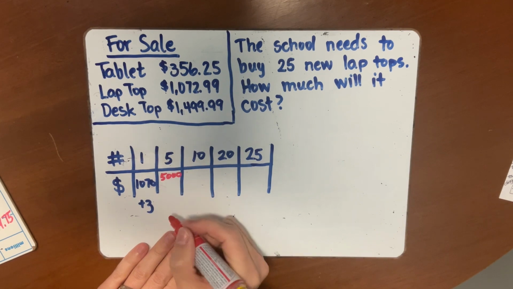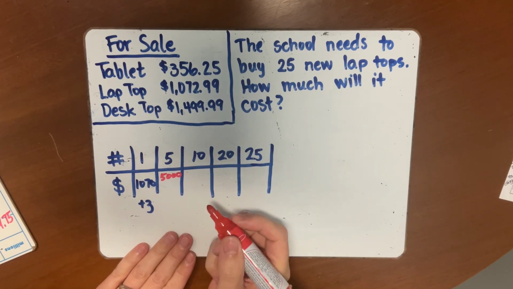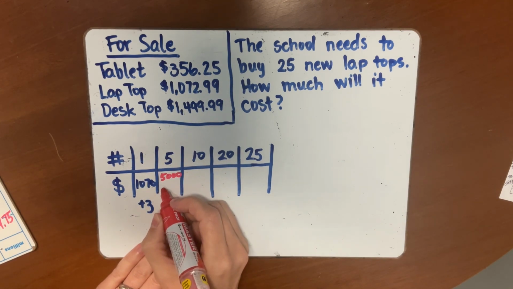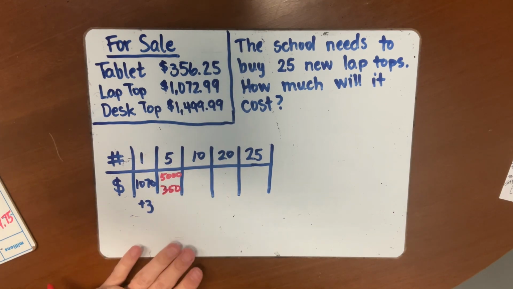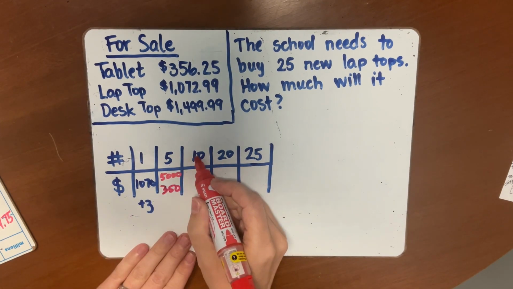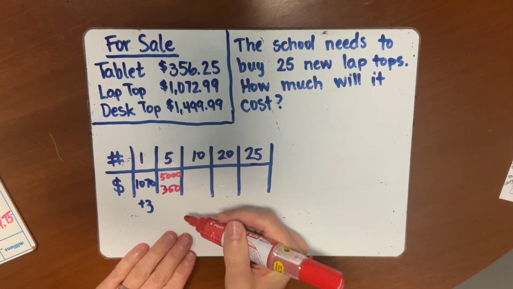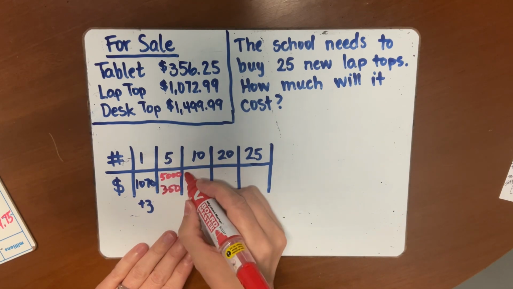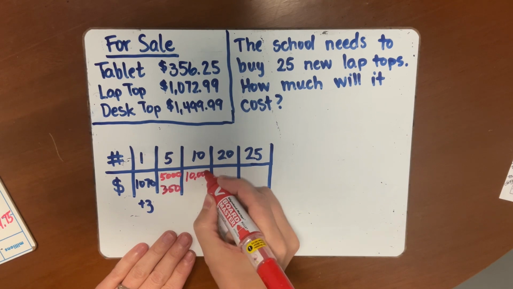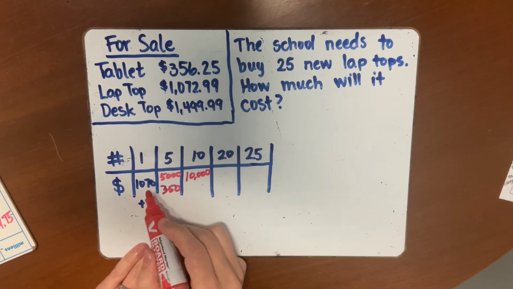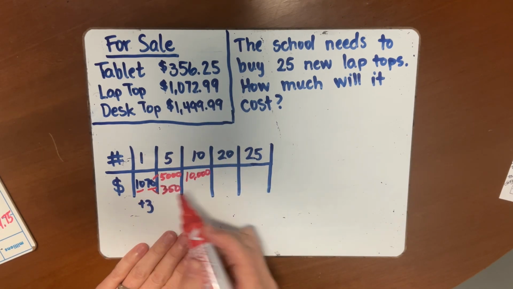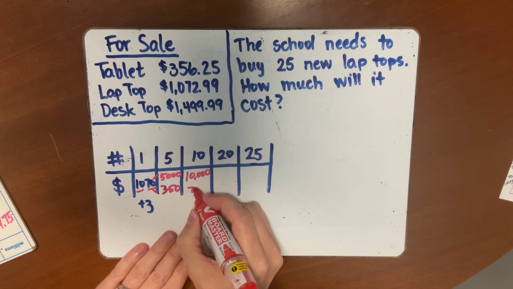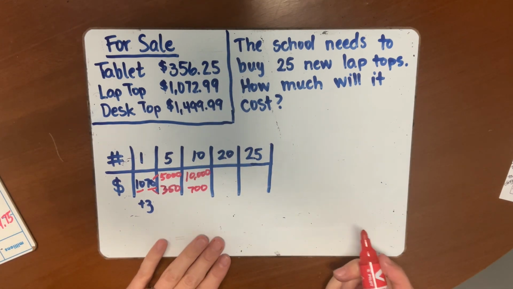And the 70 times 5, well, 7 times 5 is 35, so 350. 10 is double of 5, so double of 5,000 is 10,000, and double of the 350, because I broke this up into parts, would be 700, 2 350s.